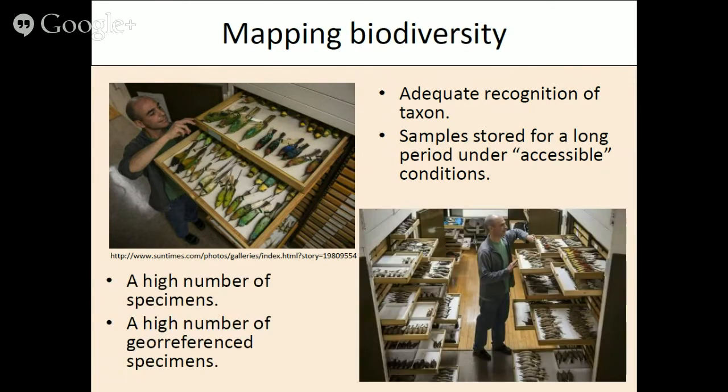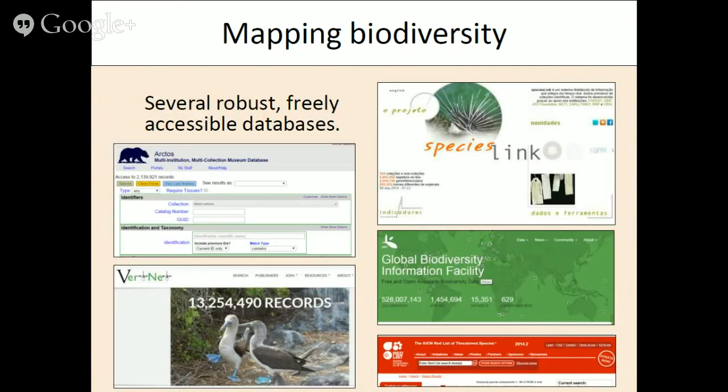Additionally, people from biodiversity have a lot of specimens from a lot of areas, and they can provide detailed information from each individual, even the location from which it was collected. And there are a lot of robust and freely accessible databases online.